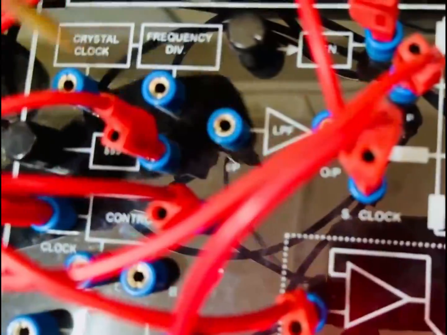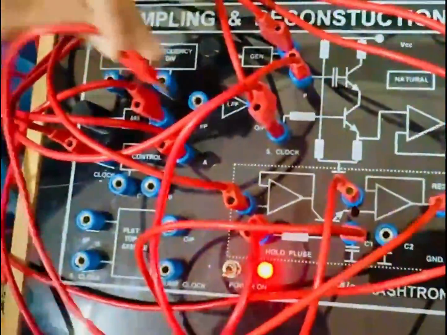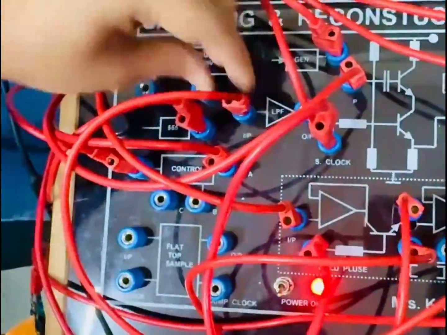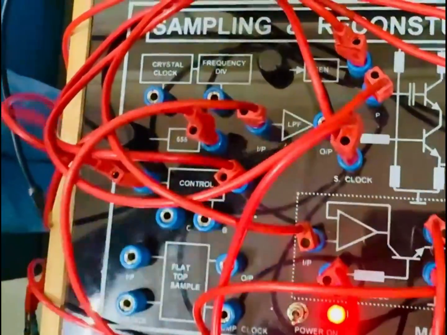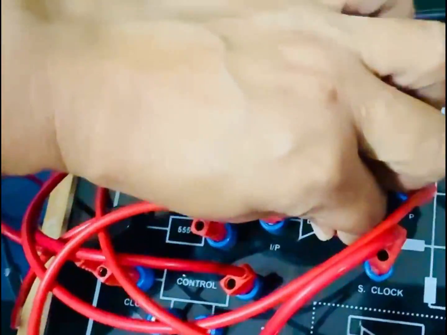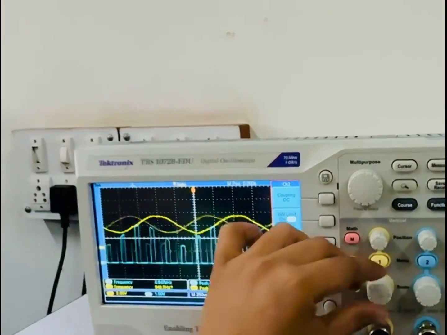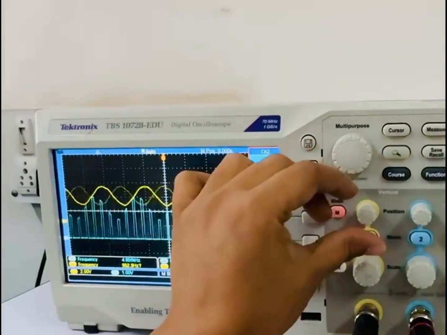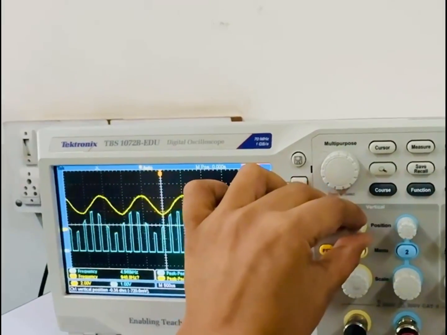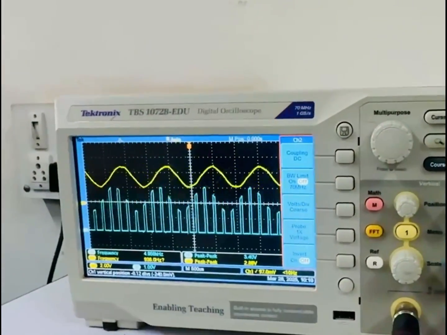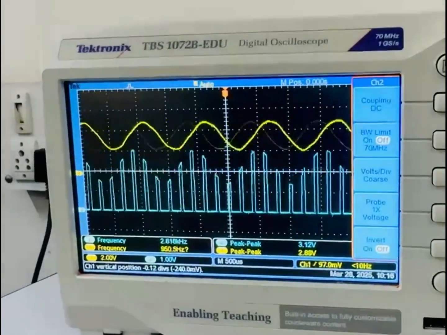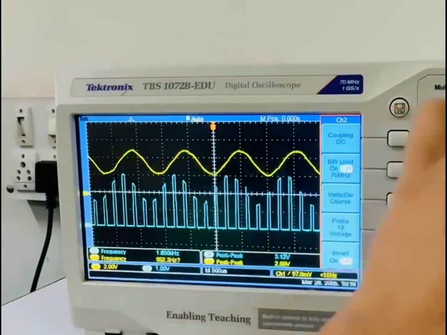So the output of receiver, we will be connecting to the low pass filter and we will connect the probe to the output of low pass filter. With this, you can see we have got the continuously varying sine wave which is the demodulated or reconstructed signal.